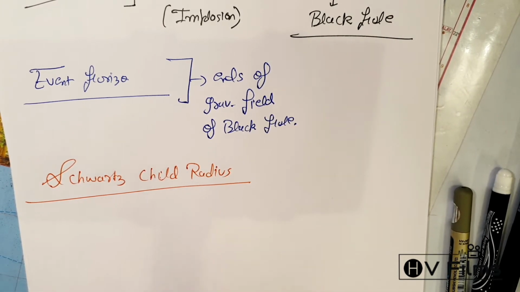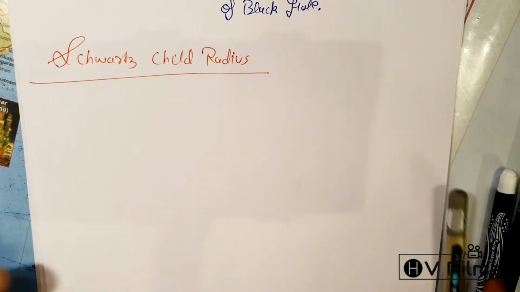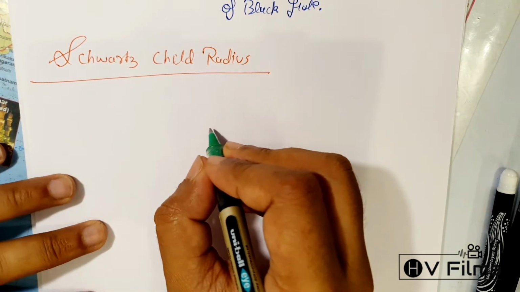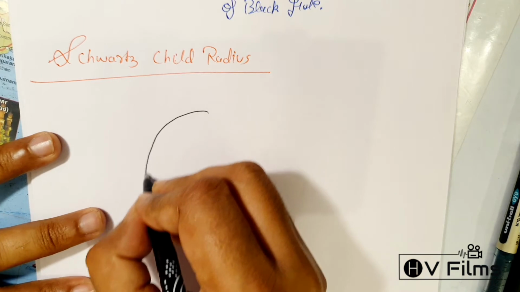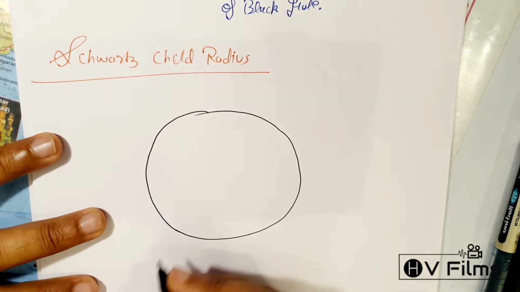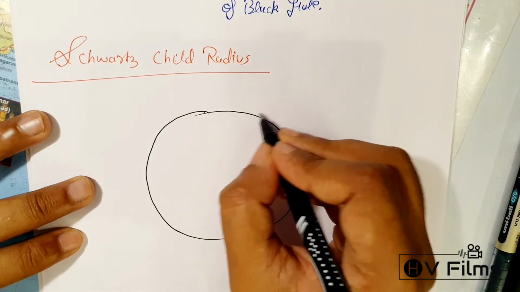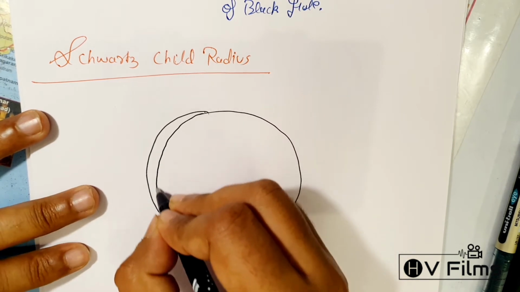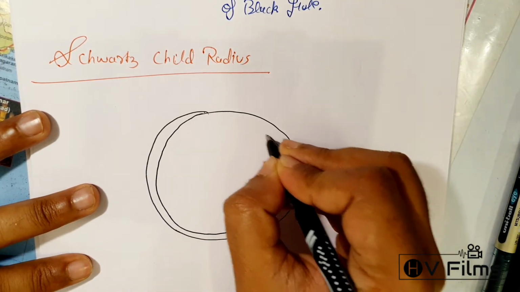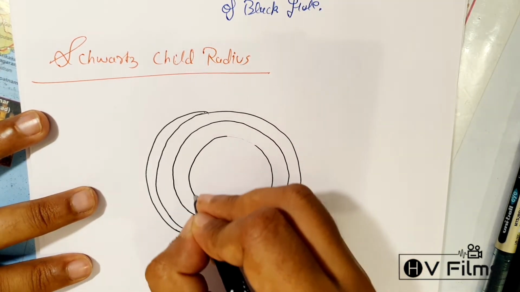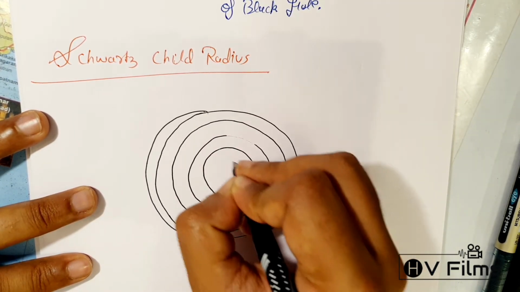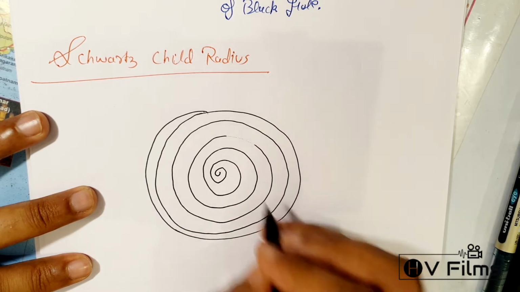And if it does, then if the material of the star is closer to the event horizon, the material will be spiraled into the singularity. Let me draw what the singularity looks like with a black pen. That is where the event horizon will be, and when the light comes here, the light will spiral into the center.